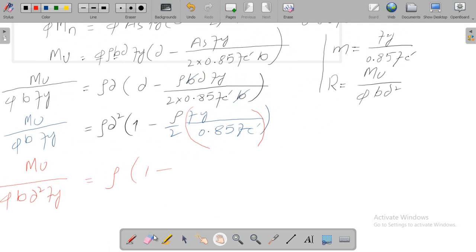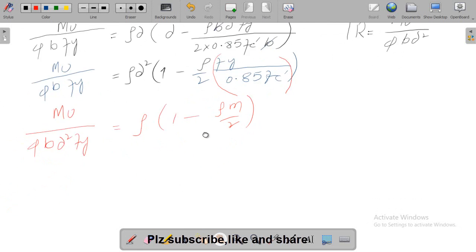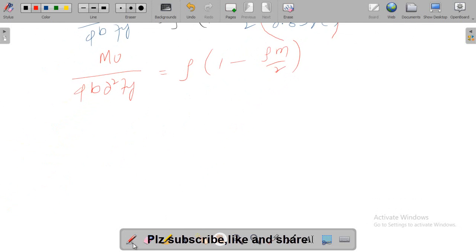So plugging the value of M divided by 2, right? Okay, so finally we have this equation.